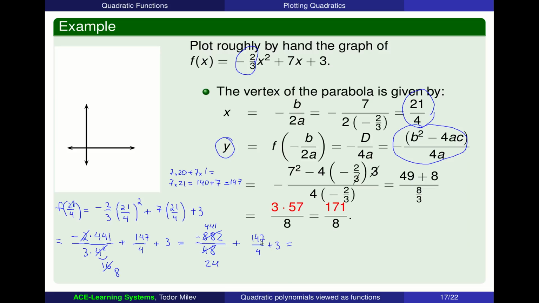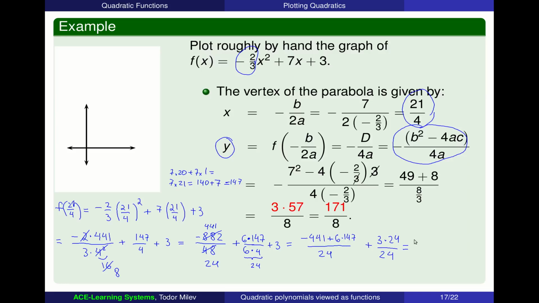Okay, so now I have to put this in the common denominator. So in order to put this in the common denominator, I'm going to multiply by 6 here and multiply by 6 there. In this way, this becomes equal to 24, so I can put these two together in the common denominator. So minus 441 plus 6 times 147 divided by 24. And I also have to put 3 in the common denominator there, so 3 times 24 divided by 24.